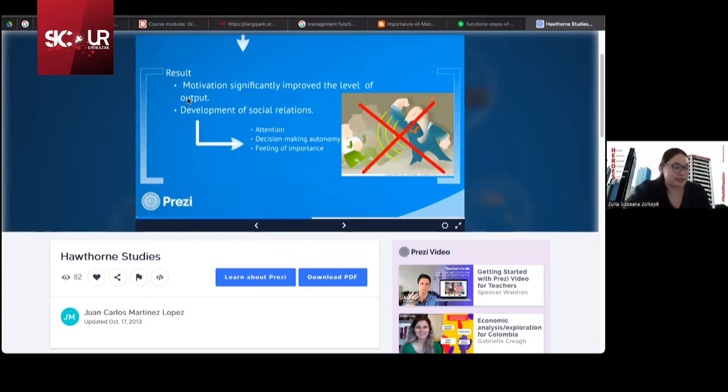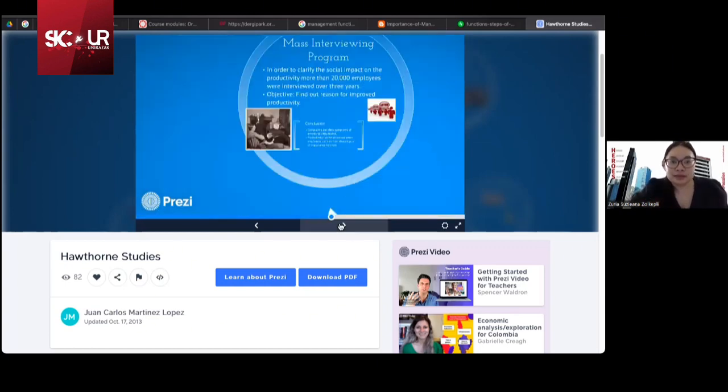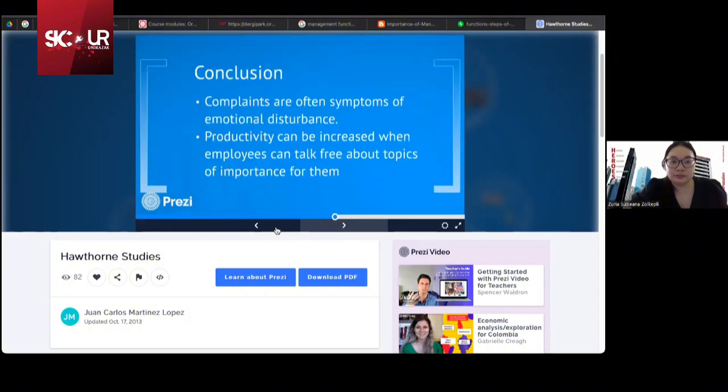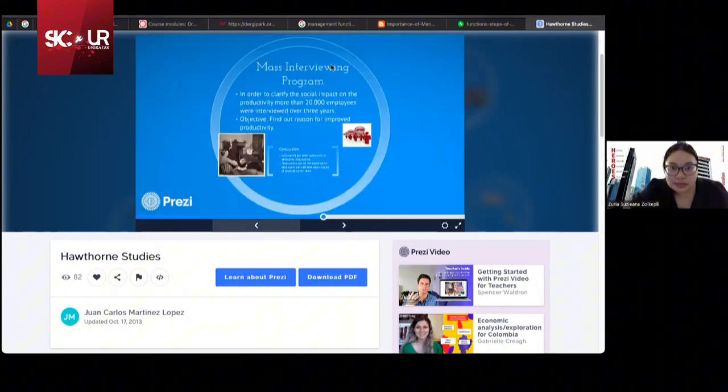So this study shows these are the things that can increase motivation. When they have better working conditions and are happy, their productivity increases and they produce more output.